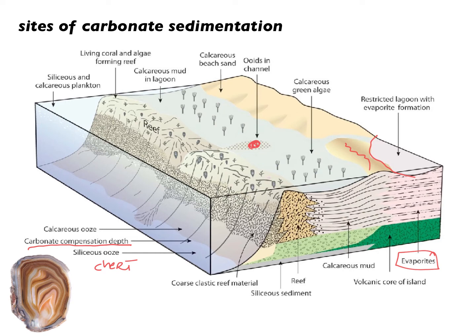Chert is essentially microcrystalline quartz, so it's siliceous, or silica rich, in nature. It's super fine grained, and it's basically SiO2 coming together and forming almost an amorphous ooze at the bottom of the deep oceans beneath the carbonate compensation depth.